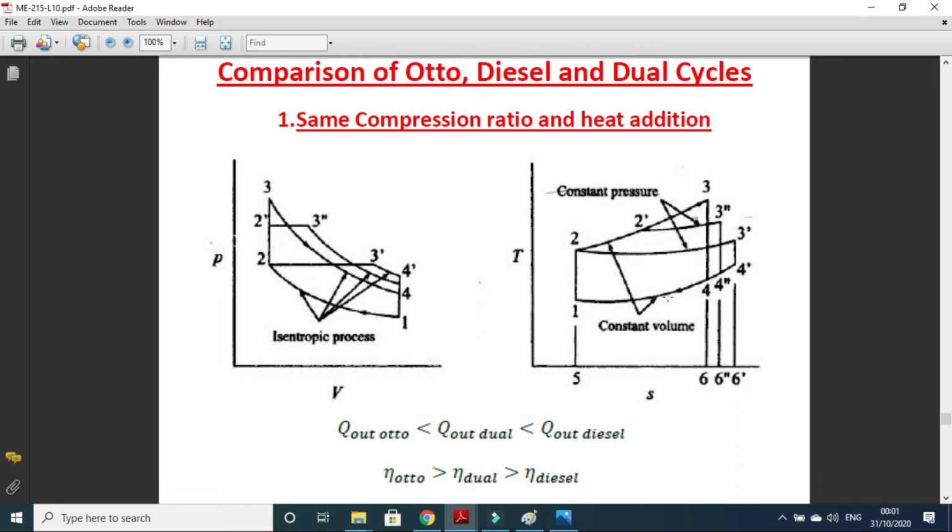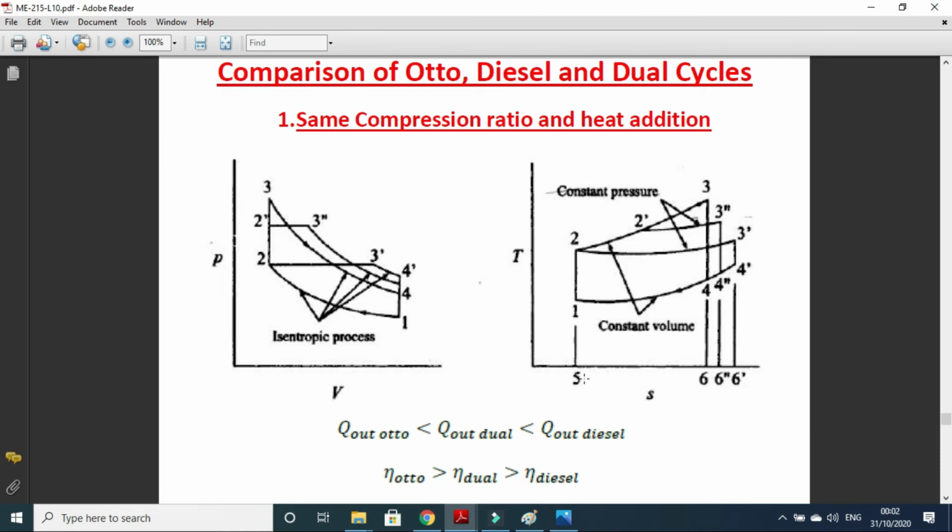This is the Otto cycle. 1 to 2, 2 to 3 dash, 3 dash to 4 dash to 1. This is diesel cycle. 1 to 2, and then 2 to 2 double dash, 2 double dash to 3 double dash, and 3 double dash to 4 double dash. So this is the dual cycle.